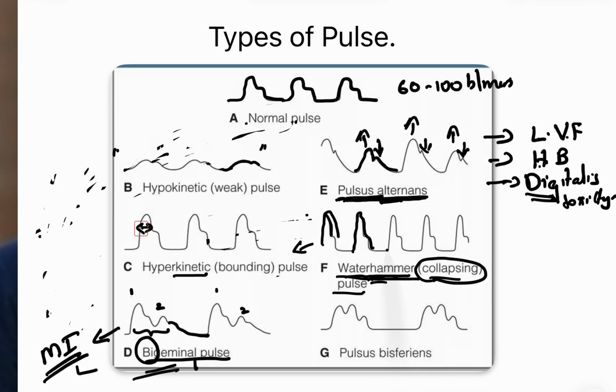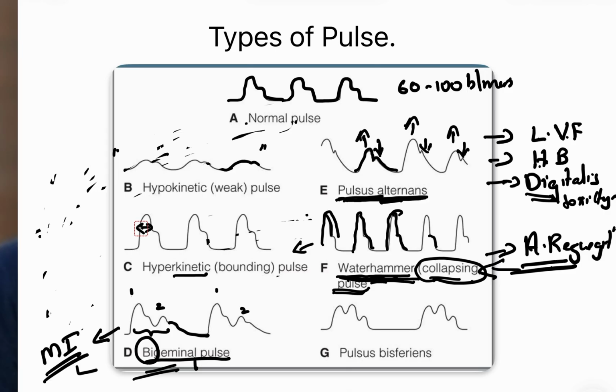That means once the pulse starts and it is bounding and forceful, then it starts collapsing here. So that is a water hammer or collapsing pulse, typically seen in aortic regurgitation.